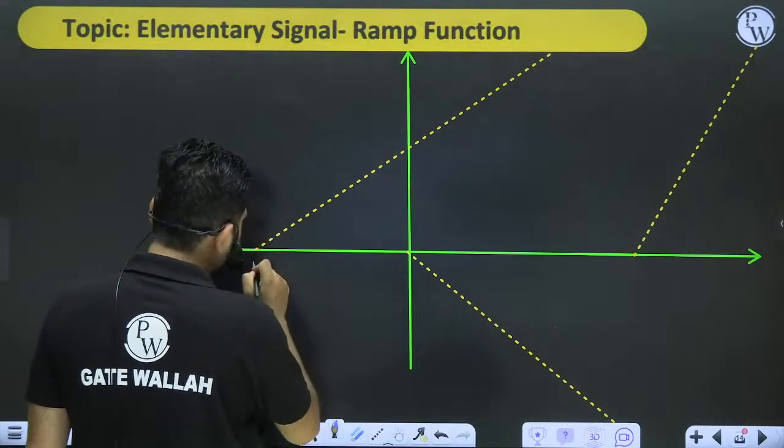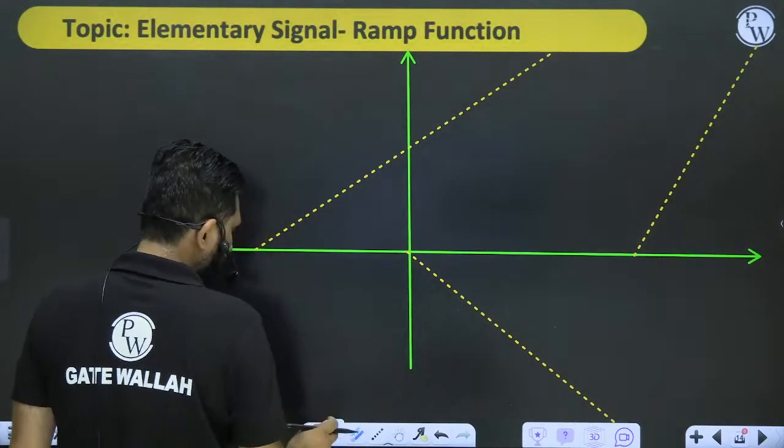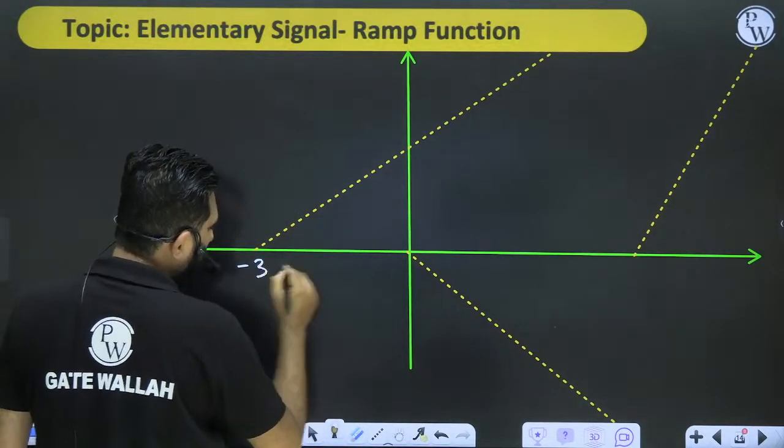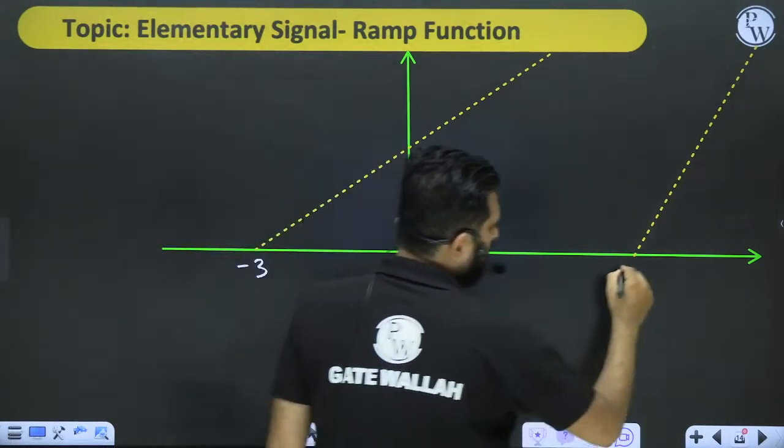So one point, let's consider, is at -3. This is 0 and that is 3.